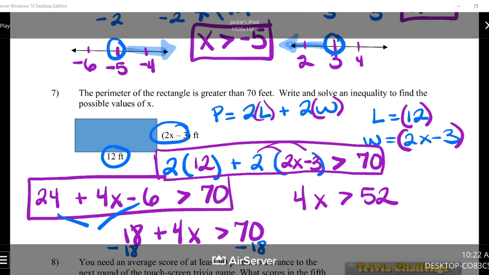So once you subtract 18 from both sides, we get 4x is greater than 52. So our last step to solve would be to divide both sides by 4. So the values of x that make this perimeter greater than 70 feet would be anything greater than 13.